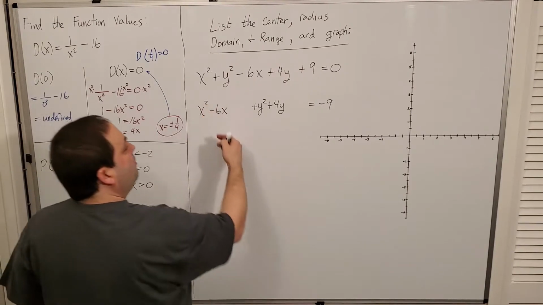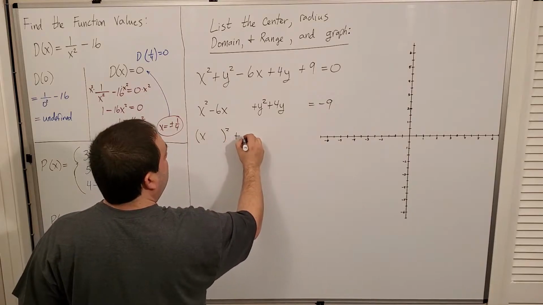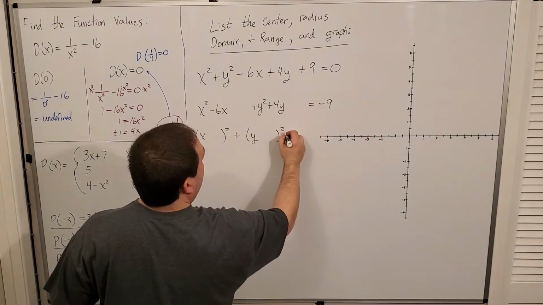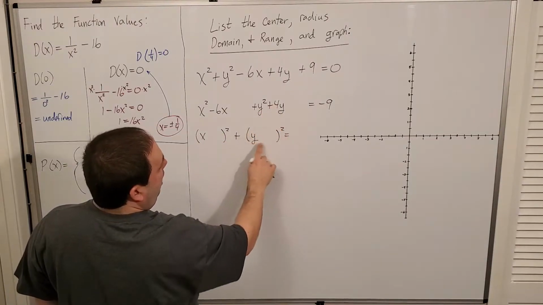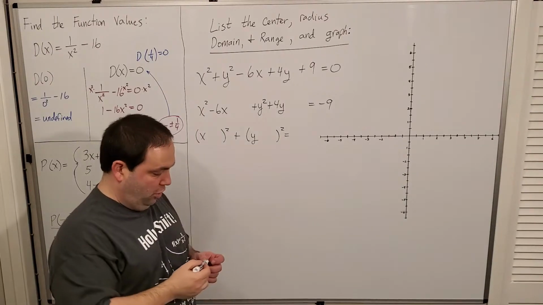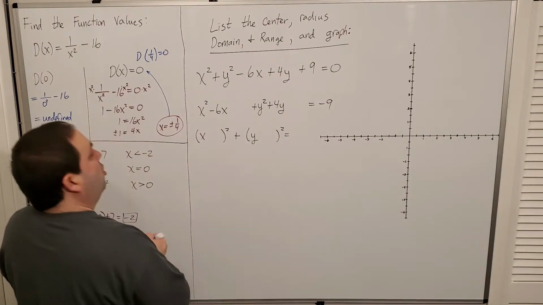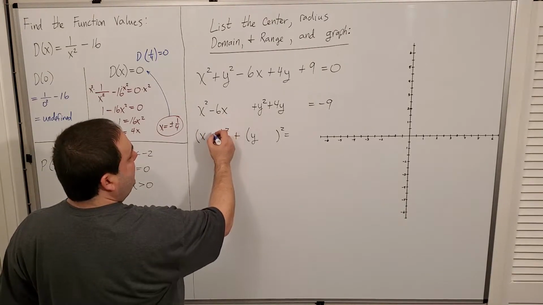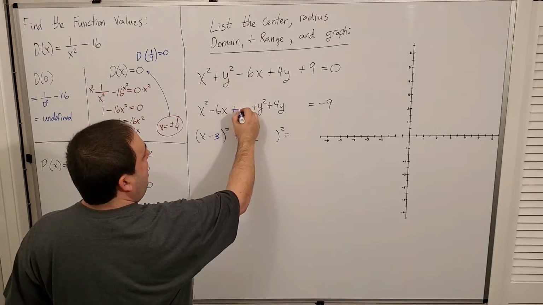Then I continue my steps by putting the parentheses like so. I know that I have to have an x in a parentheses squared and a y in a parentheses squared, and I'm going to use both of these steps in conjunction to fill that out. Okay, so half of -6 is -3, and -3 squared is 9.